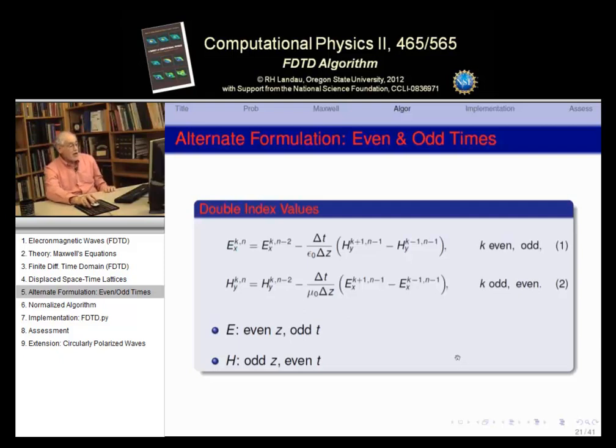So we have the electric field at even space, and the magnetic field at odd space. Think of it that way. And likewise, the magnetic field at even values of time, and the electric field at odd values of time. So it's the same. They have to be out of sync a little bit for the precision. Half time step, people like that, but this works exactly the same.